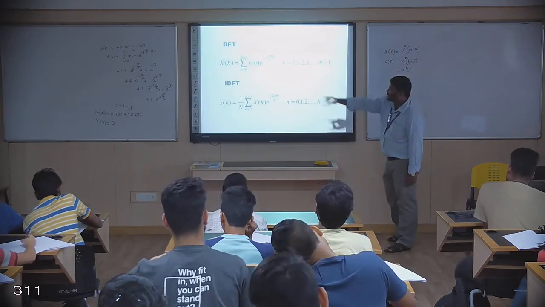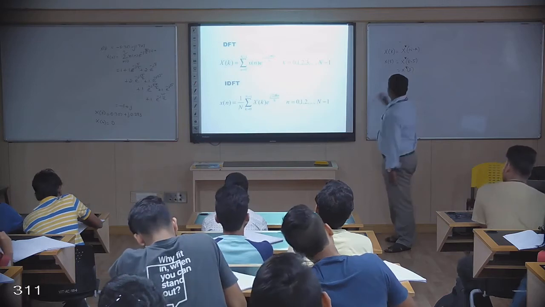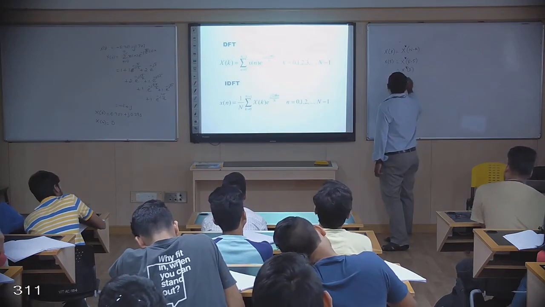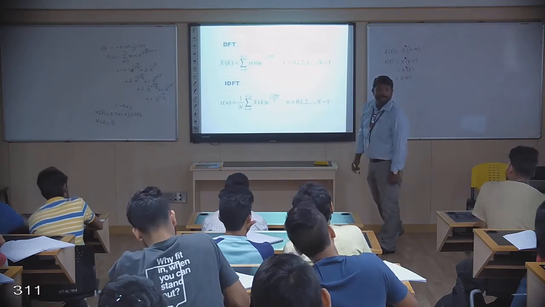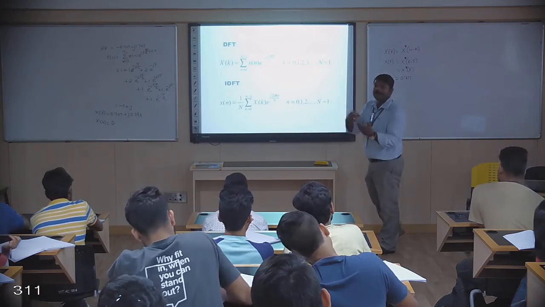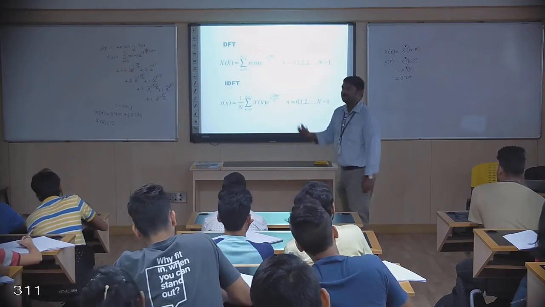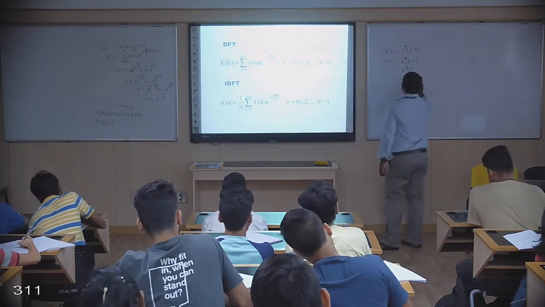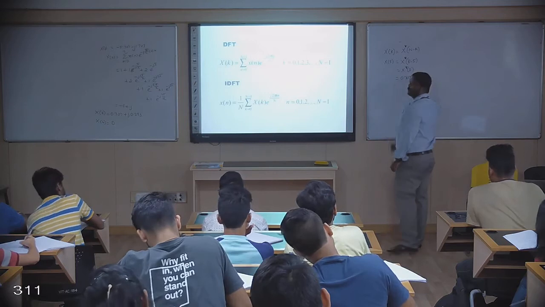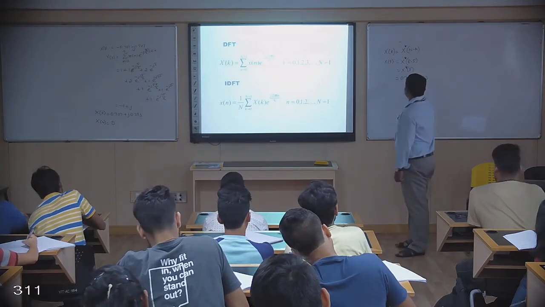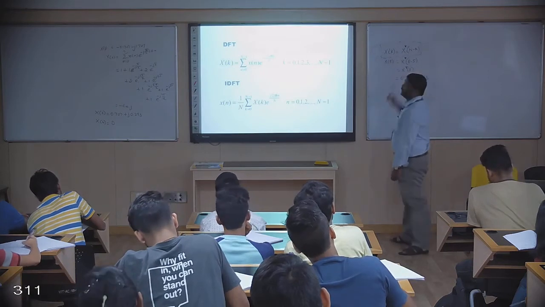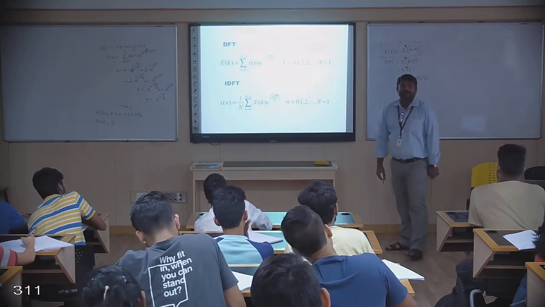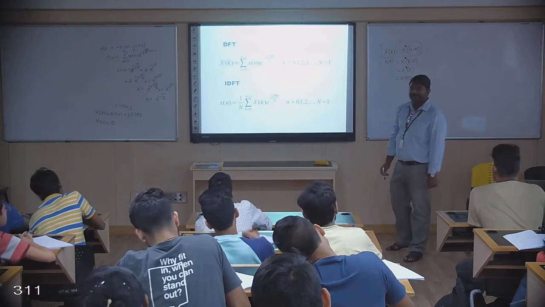So what is x of 3? 0.707 plus j 0.293. When you take a conjugate, only the complex term you will take the opposite. So this is going to be our x of 5. This is a very, very important property. It's the symmetrical property of discrete Fourier transform.